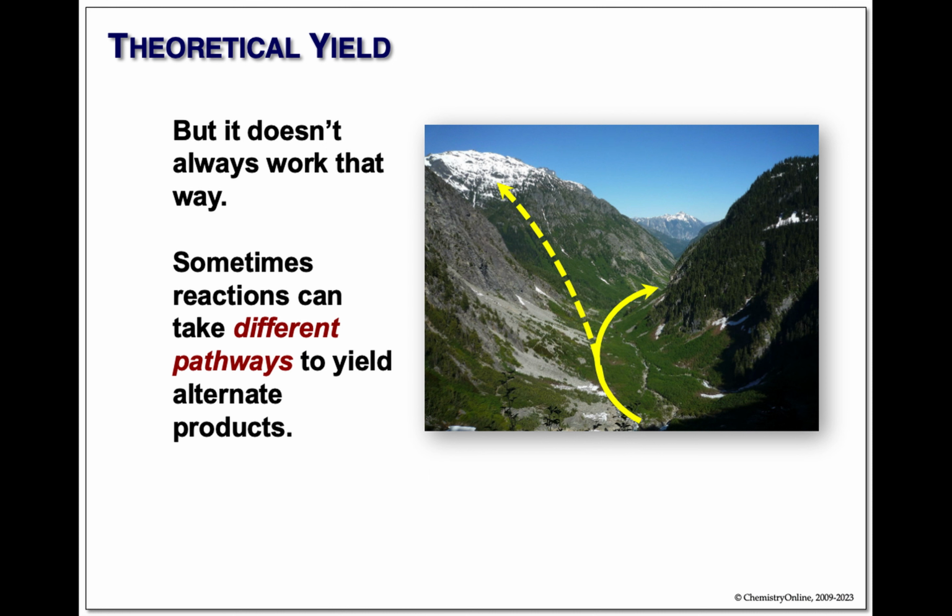These are called alternate pathways. Less than theoretical yield can also occur if you do something in lab. Let's say we're making a little powder of whatever, and you're walking towards the balance room to weigh it, and somebody sneezes, and it goes everywhere.